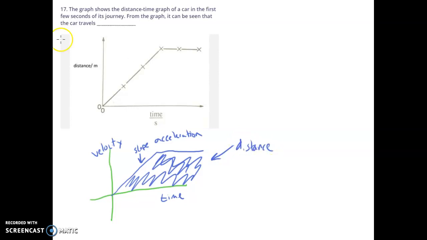But again, because in this case we have distance on the y-axis and time on the x-axis, instead the slope is velocity. Okay, and that's it. That's all we can really tell here.